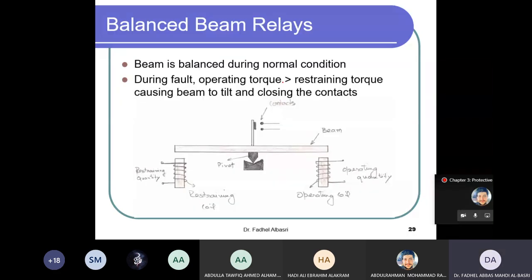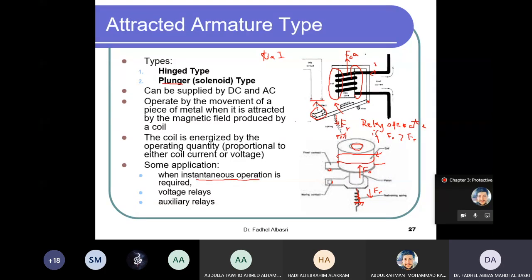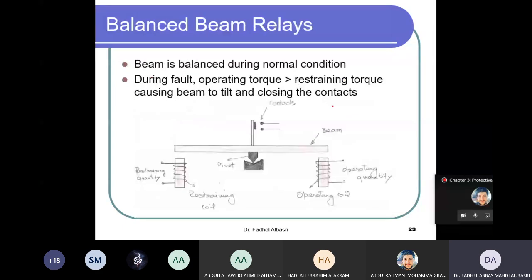This is the second technology, the second type of electromechanical relay, called the balance beam. Here I'm using a spring force, and the operating force is generated from the current that will flow in this coil. While in this one, I can use two coils, and each coil introduces a force.